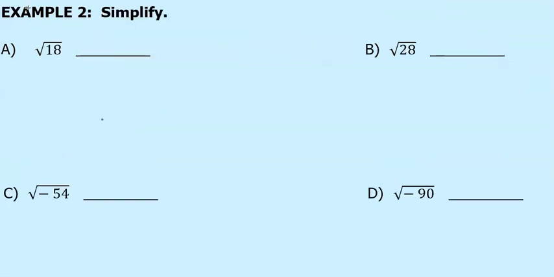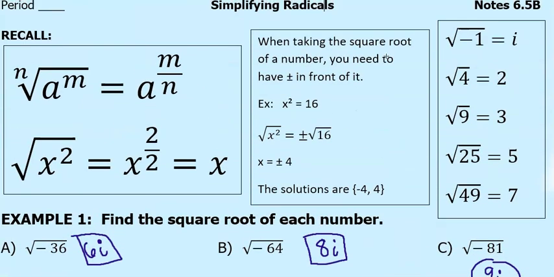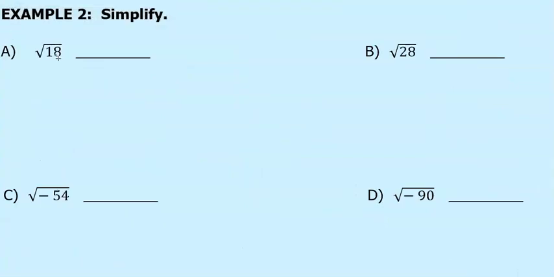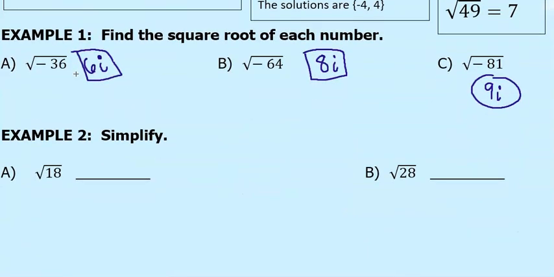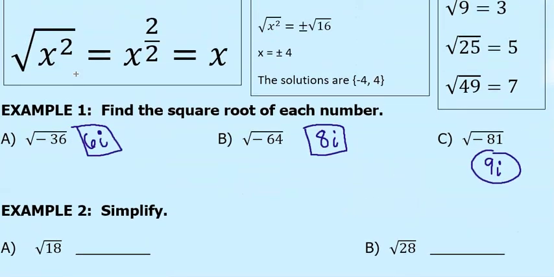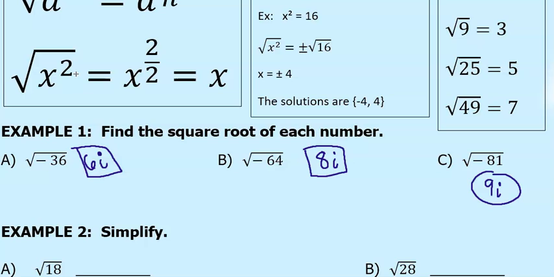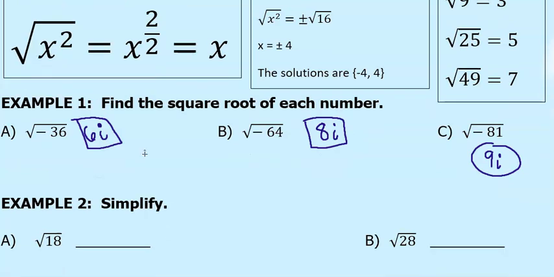Example 2. Simplify. You want to simplify the square root of 18. To do that, we want to break apart 18 into as many of these numbers as we can: -1, 4, 9, 25, and 49. There's no negatives here, so we can skip that one. 4: 18 divided by 4 is a decimal, so we can skip that. 18 divided by 9 is an integer.